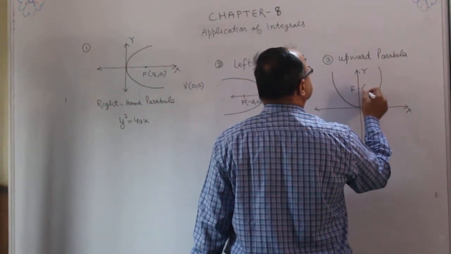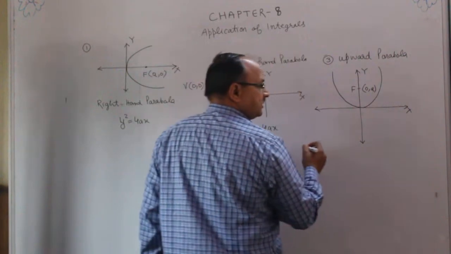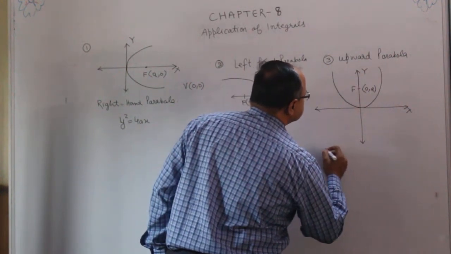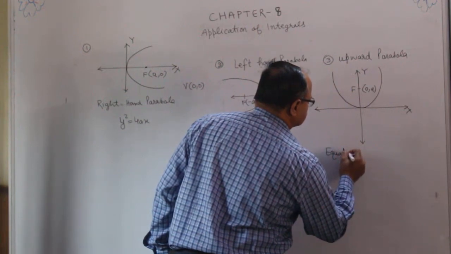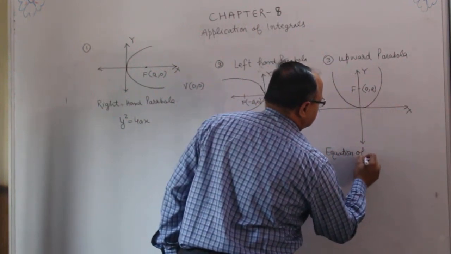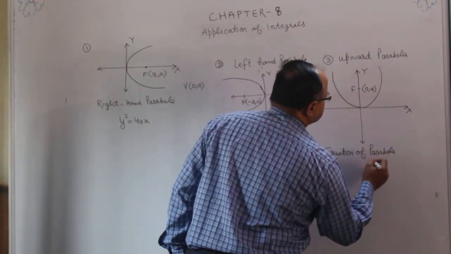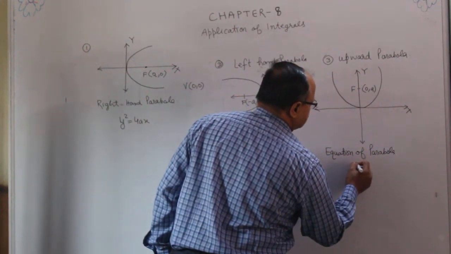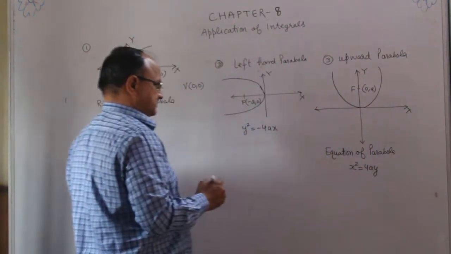Coordinate of focus is (0, a), and the equation of the parabola is x square is equal to 4ay.